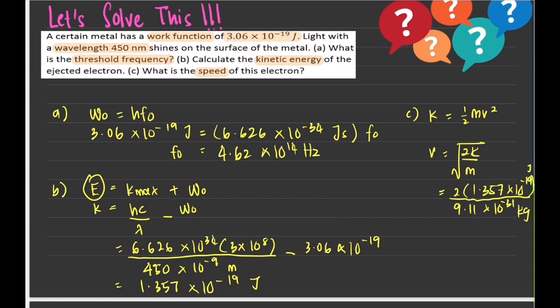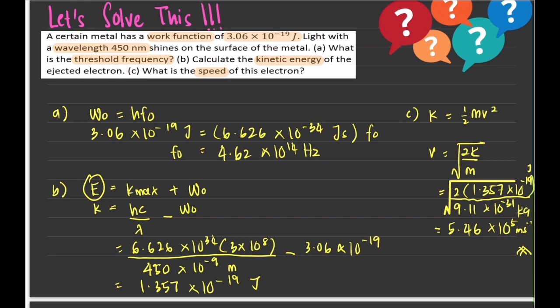This one is in joule. So don't forget the square root. And do your maths, you get 5.46 × 10^5 meter per second.